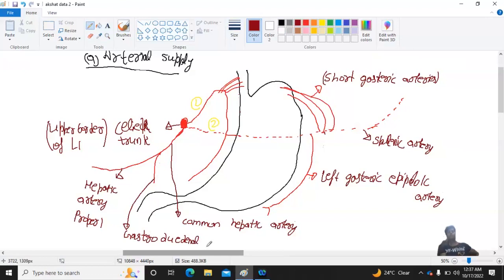These are two branches of the common hepatic artery, which is a branch of the celiac trunk, which arises at the lower border of the L1 level.